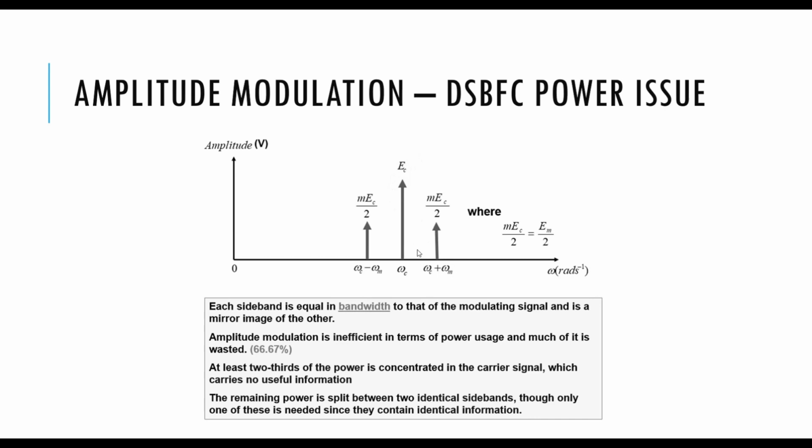This means that this carrier signal itself, the signal that doesn't have any information in it, uses 66.67% of the power used to transmit the signal, which is not okay. Our signal and our information is only located on the sidebands here. This means that simply 2/3 of the power is lost.